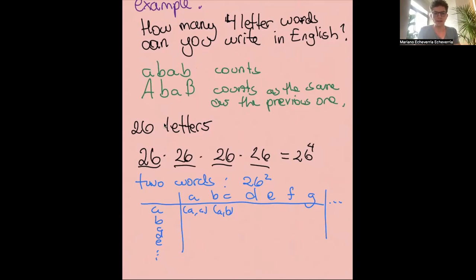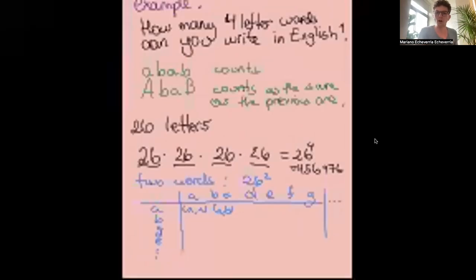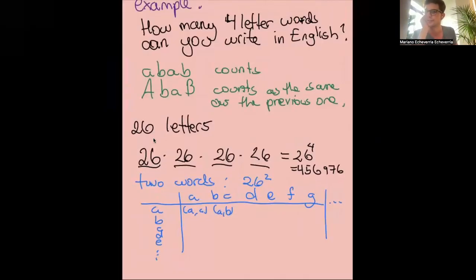So if you put on your calculator what 26 to the 4 is, that is this number. So it's almost 500,000 words, right? And that's a huge number of words, if you think about it.